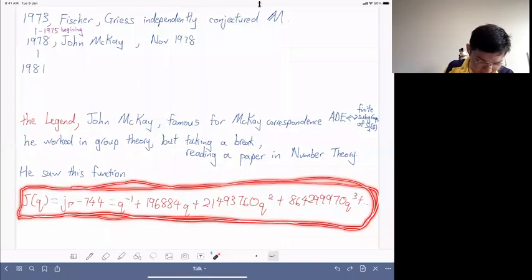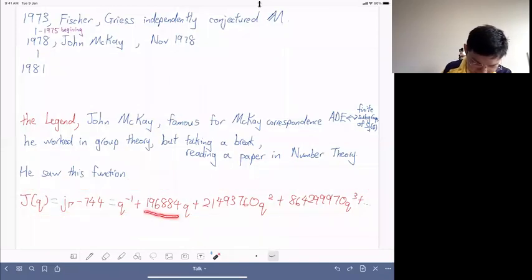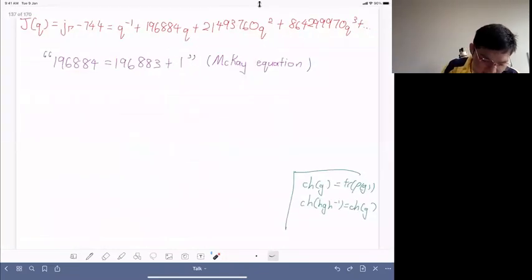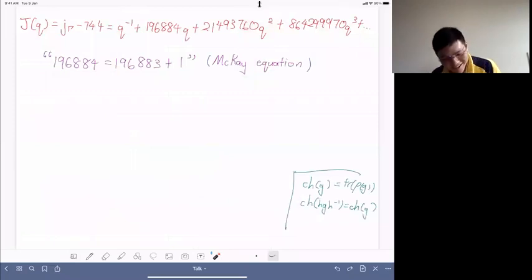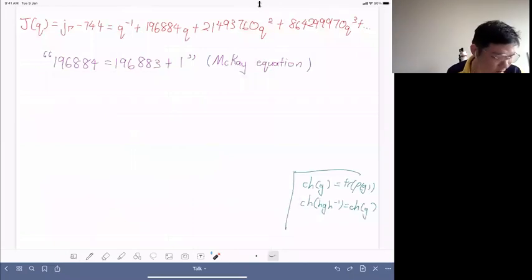He saw that 196,884 is close to the irreducible representation of the monster. Indeed, it is 196,883 plus 1.